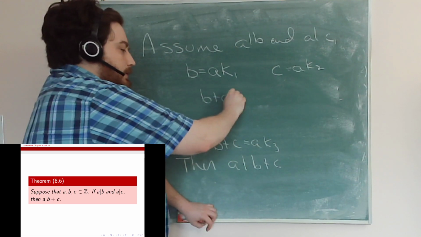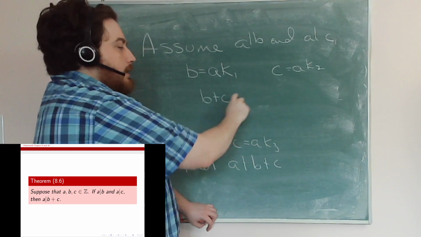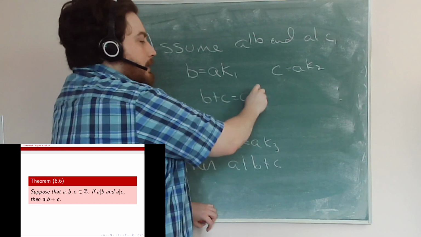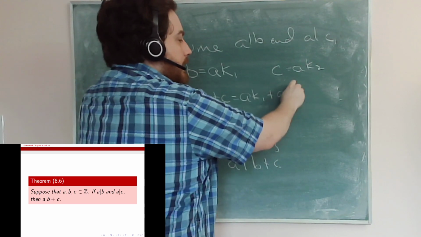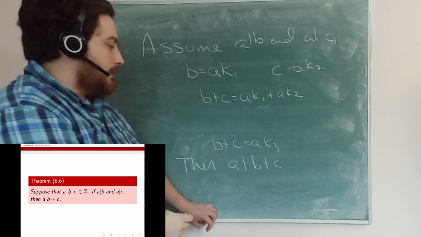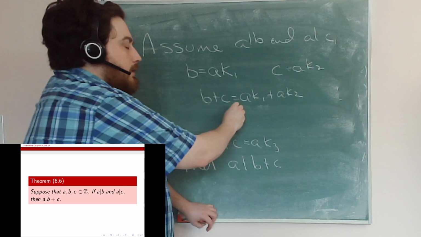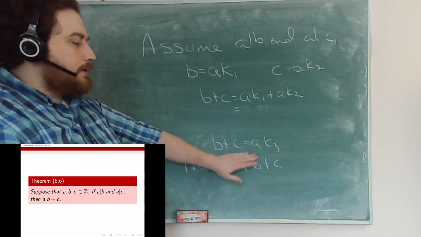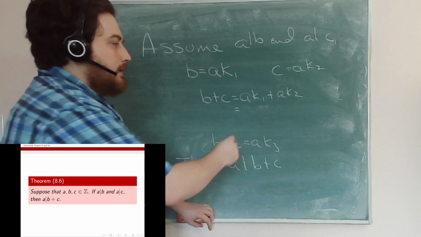So I get b plus c is, well, b is a k1, c is a k2. And remember, I want to show it's a times some integer.